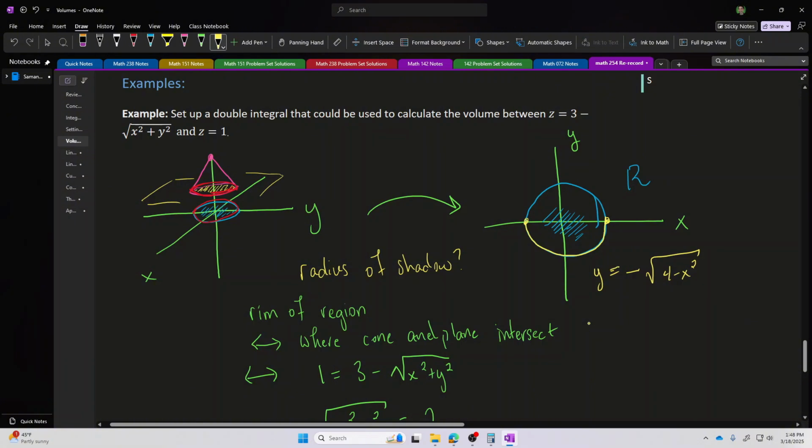And the region of integration has as its top function the positive square root of that equation, y equals positive square root of 4 minus x squared. Additionally, that information tells me that the x coordinates are extending from negative 2 on the far left to positive 2 on the far right.